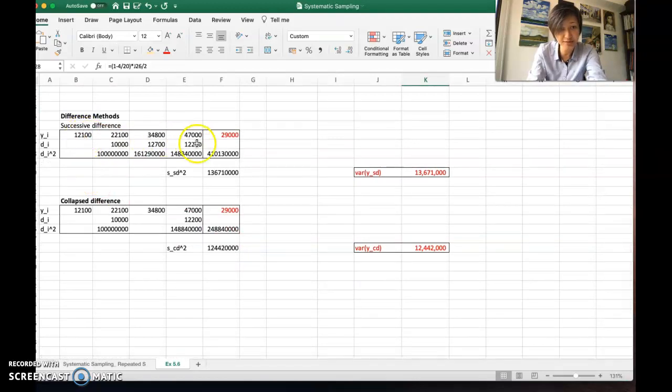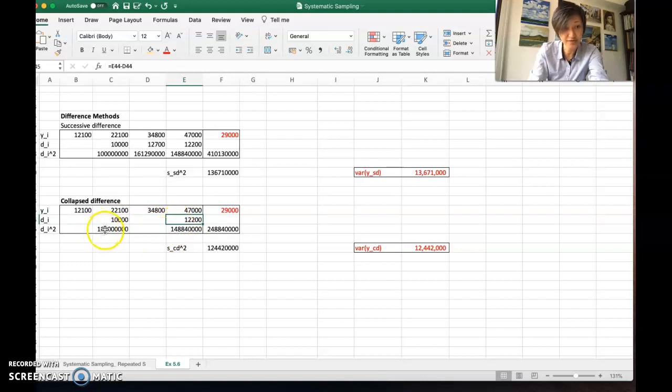Successive difference is like the previous example, so I'm not going through that. I'd like to look at the collapsed differences. Collapsed differences is like there's two data, I look at the difference, and because I'm using collapsed differences, the differences would be any non-overlapping data, so I would only be able to collect two differences.